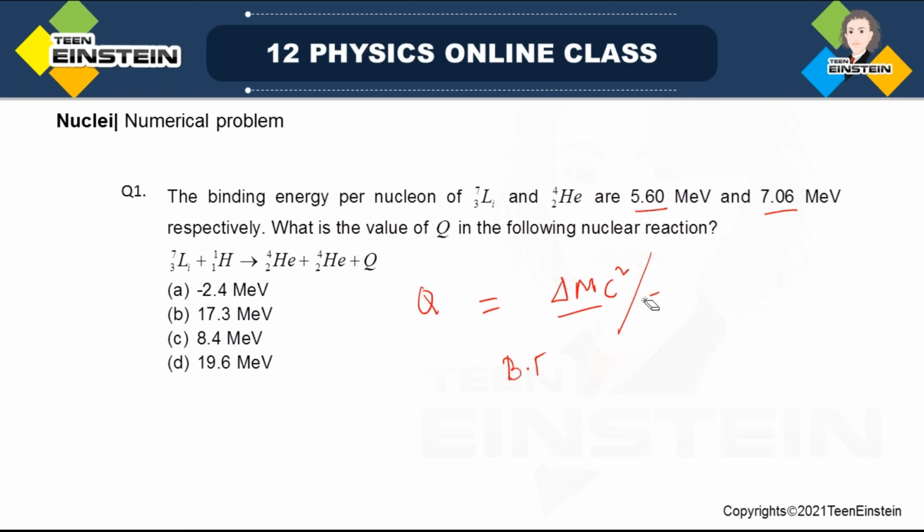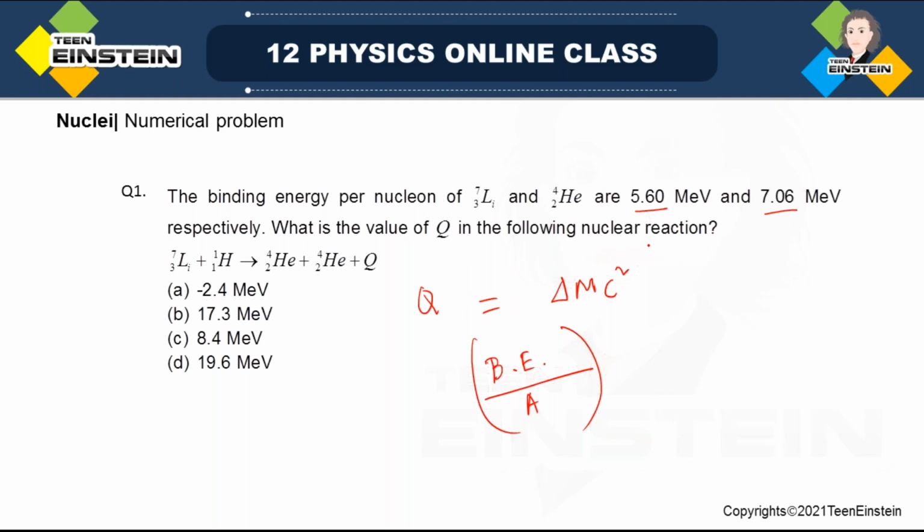Binding energy per nucleon means total binding energy divided by the mass number. So you look here, binding energy per nucleon is given for lithium and helium.